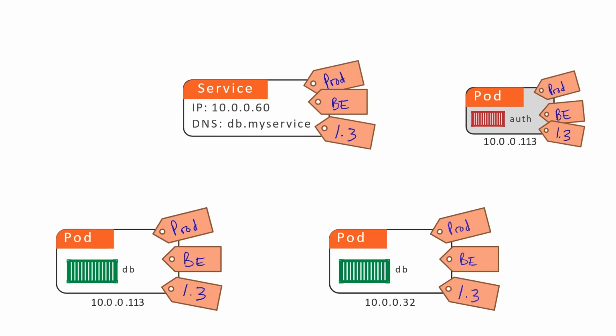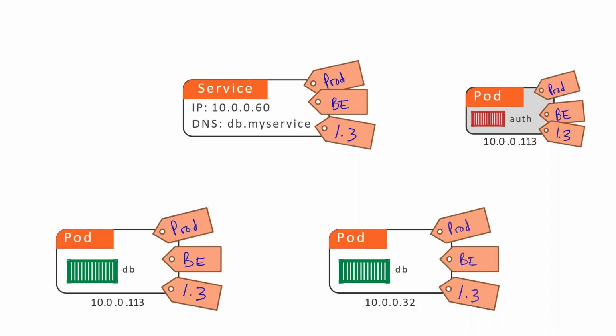Look at this here. We have one service labeled with prod B 1.3, and then we have multiple pods also. Here we have a pod labeled with prod B 1.3.